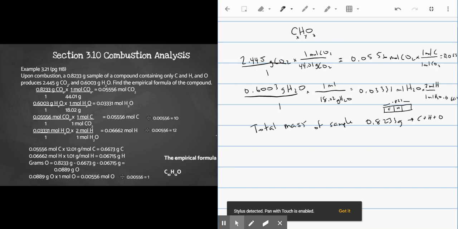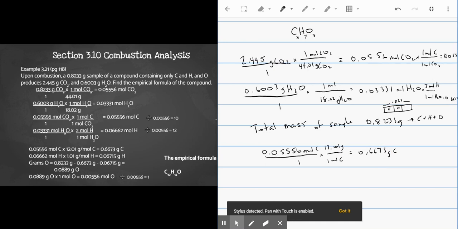So here's the extra steps. I have 0.05556 moles of carbon right here. I need to kind of backtrack and figure out how many grams of carbon I had to figure out this number. So 1 mole of carbon is 12.01 grams. Okay, and that is going to be 0.6673 grams of carbon.